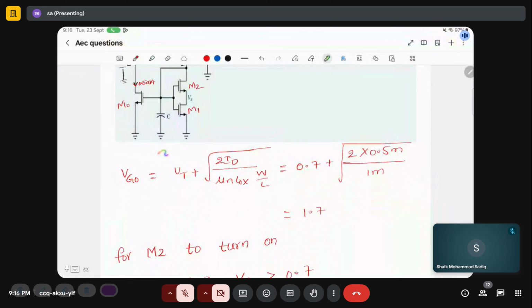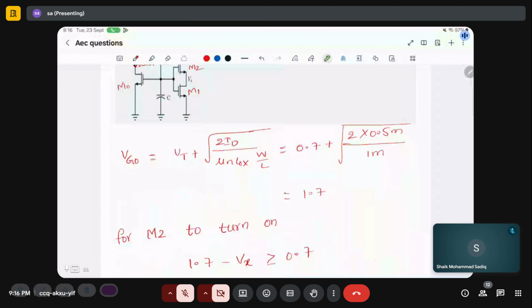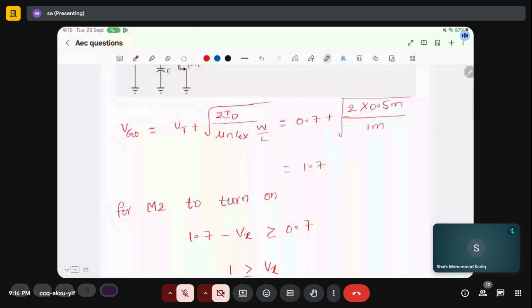For that we have a simple formula, from the current equation. ID is equal to half mu n Cox W by L into VGS minus VT whole square. From that you will have this direct formula: VGS is nothing but VT plus square root of 2ID by mu n Cox W by L. If you put the numbers given in the question, you will get VGS as 1.7 volts.